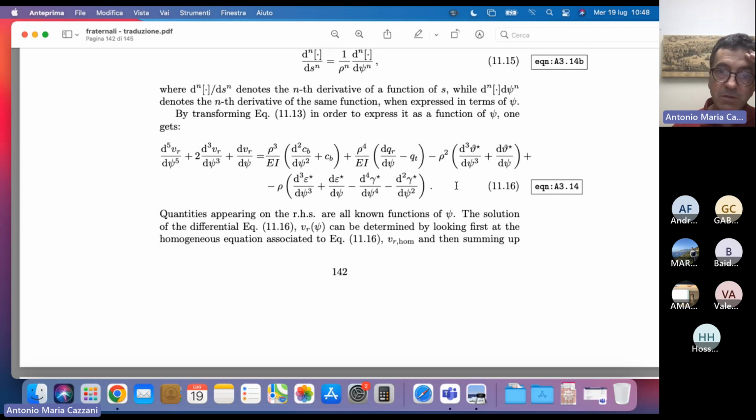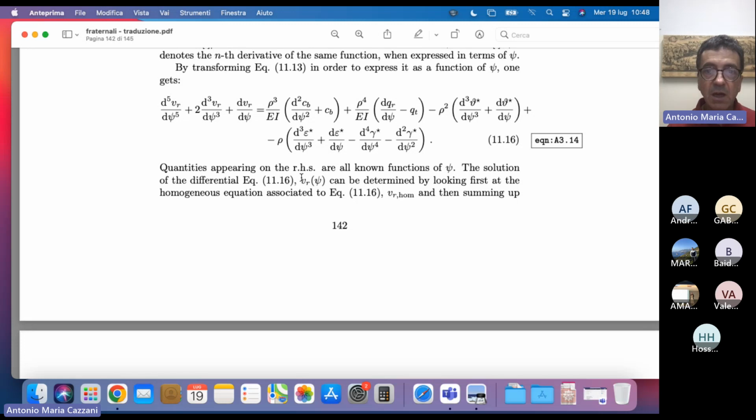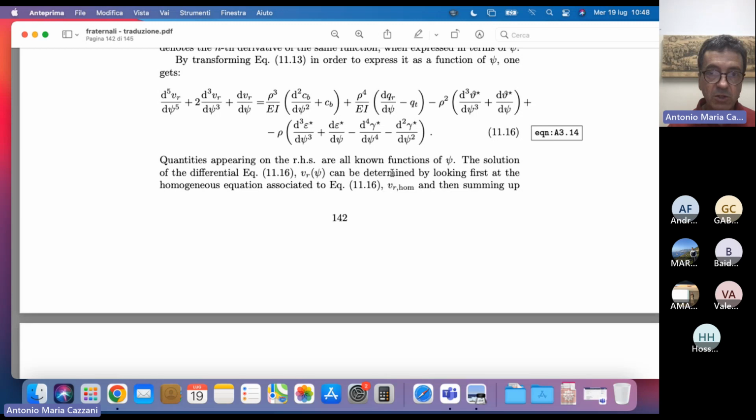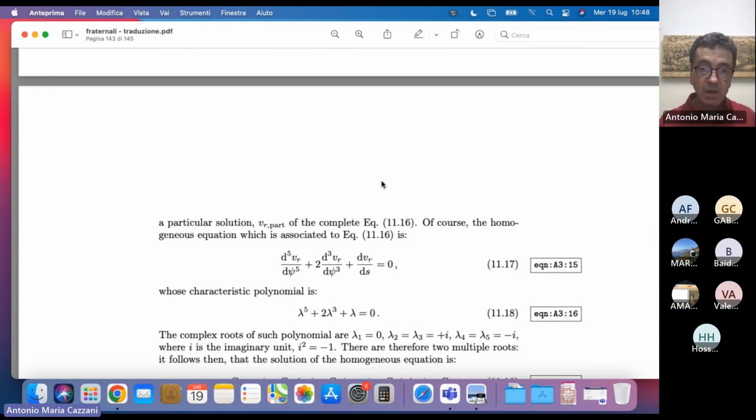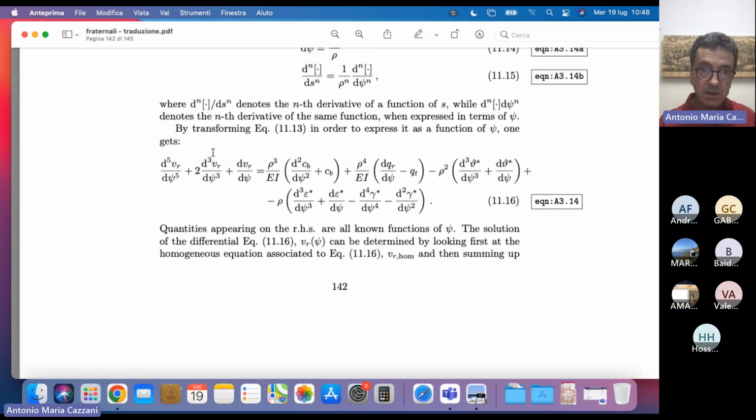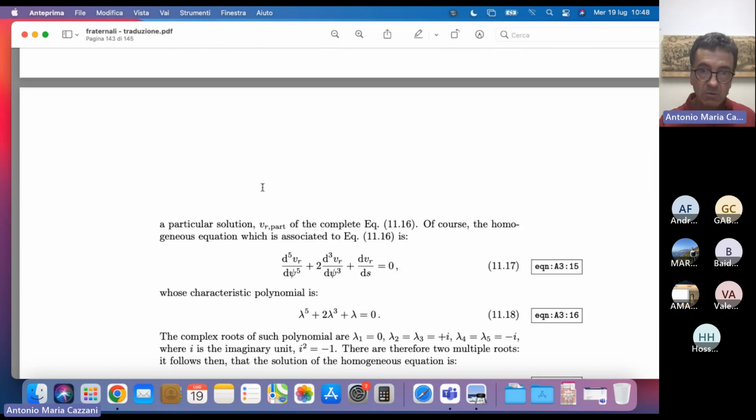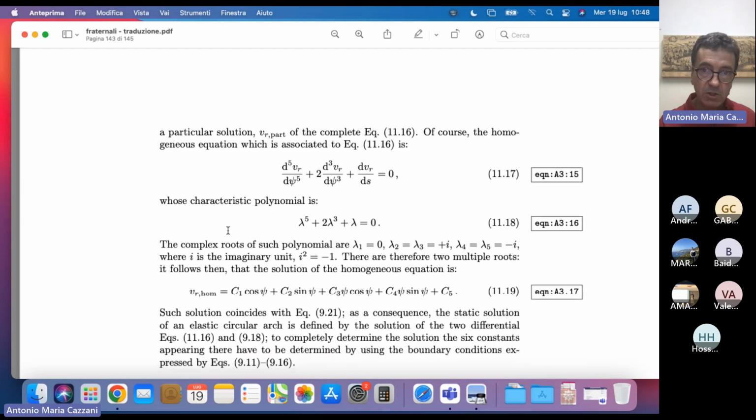All that appears in the right-hand side has to be a well-known function of the anomaly psi, and so the solution of this differential equation can be determined as a sum of the homogeneous solution, so the solution of this differential equation for zero terms in the right-hand side, plus a particular solution of the complete equation. If we now look at the homogeneous equation, it is this 5th order equation.